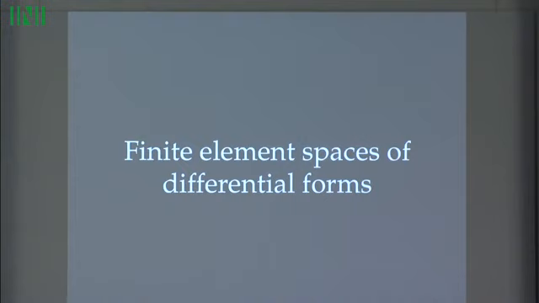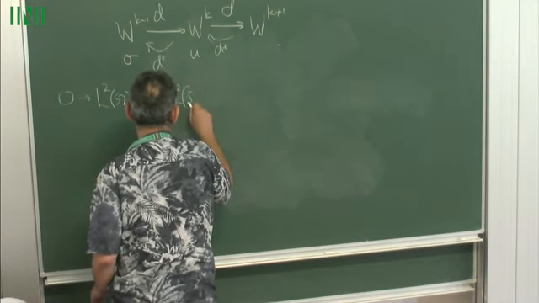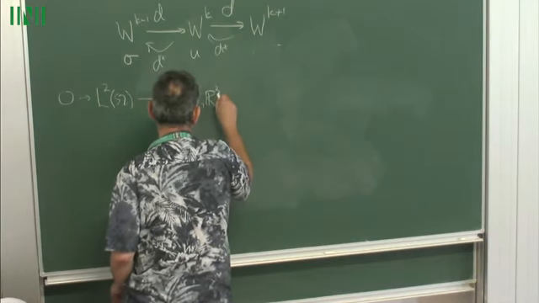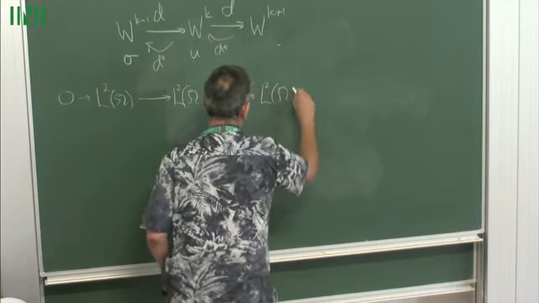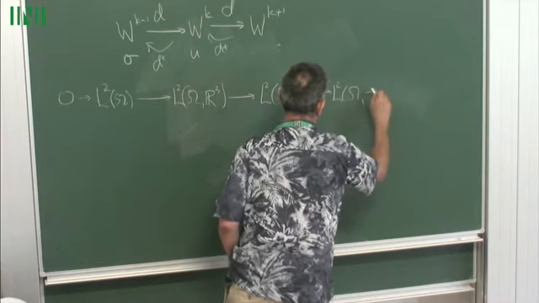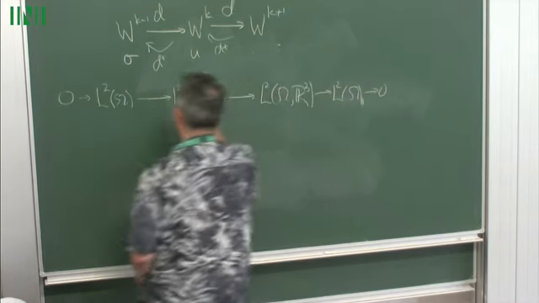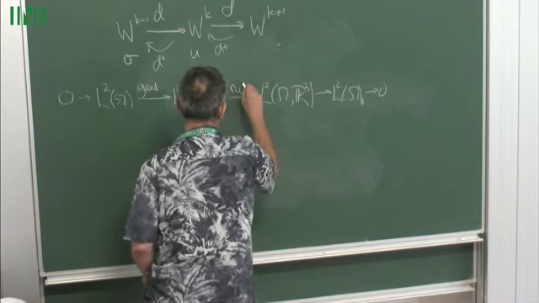So let's put up the de Rham complex. Well, we've been looking at the de Rham complex as 0 goes to L2 scalar fields goes to L2 vector fields goes to L2 vector fields goes to L2 scalar fields, where these are grad, curl, and div.